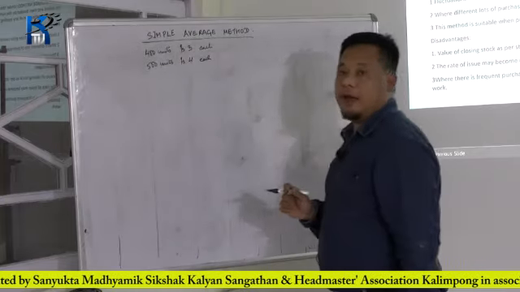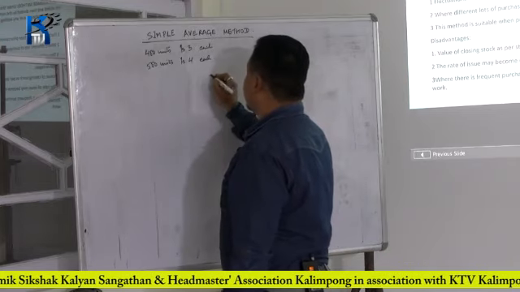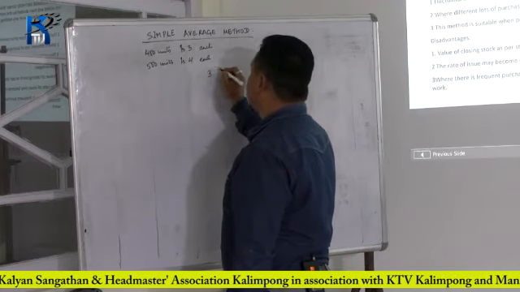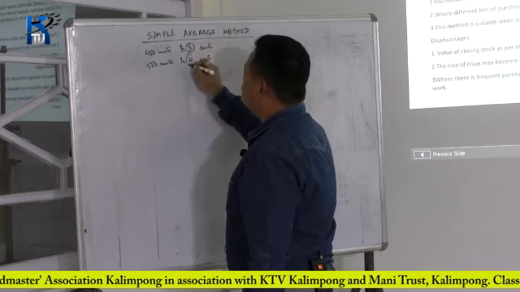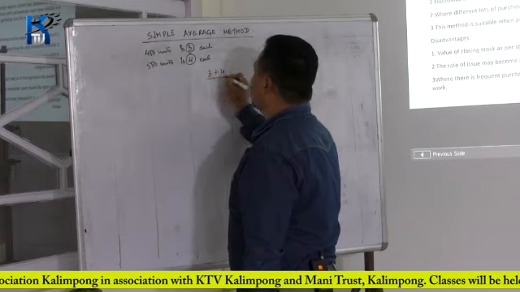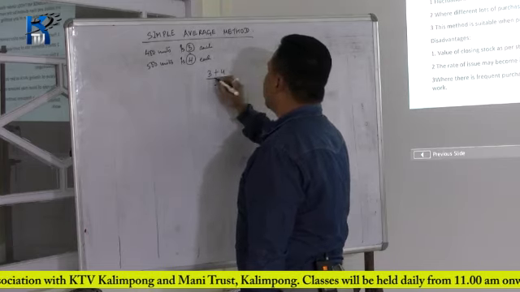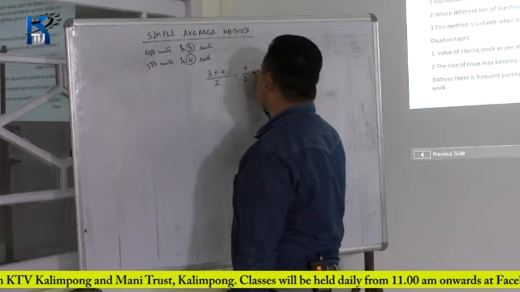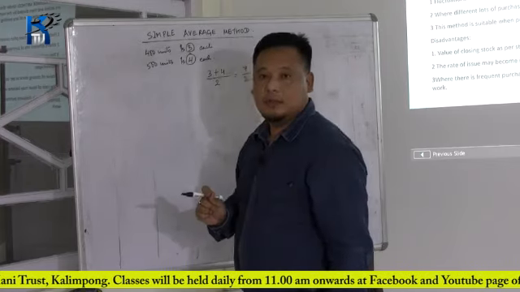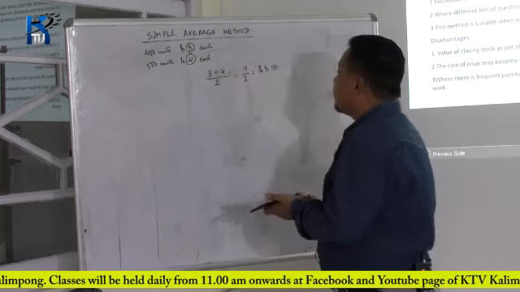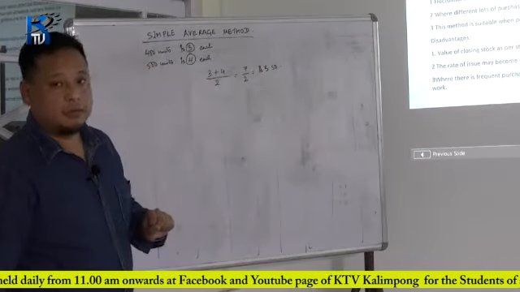If I am issuing on this date, the rate of issue will be calculated as first batch 3 rupees each plus second batch 4 rupees each, divided by 2 batches, that is 7 divided by 2 equals rupees 3.50. So under simple average method, we derive the rates by this calculation.